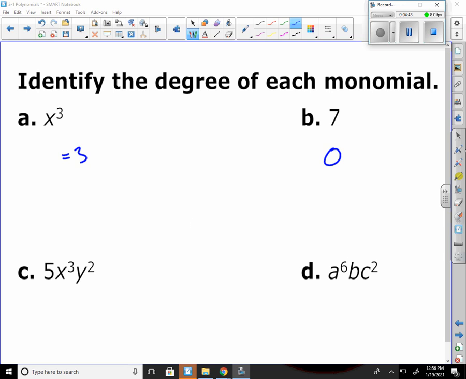For C, it would be 5 because we add the 3 and 2. And then for D, it would be 9 because we have to do 6 plus 1 plus 2.